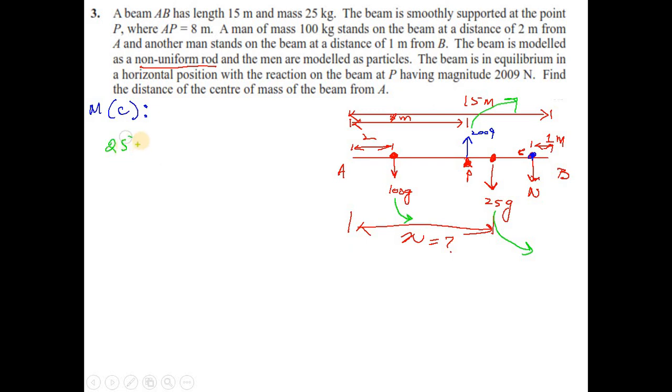So 25g, which is the force or weight of the plank, producing anti-clockwise moment, and we need that distance from the pivot. Clearly, we know that this is X and this is 1.